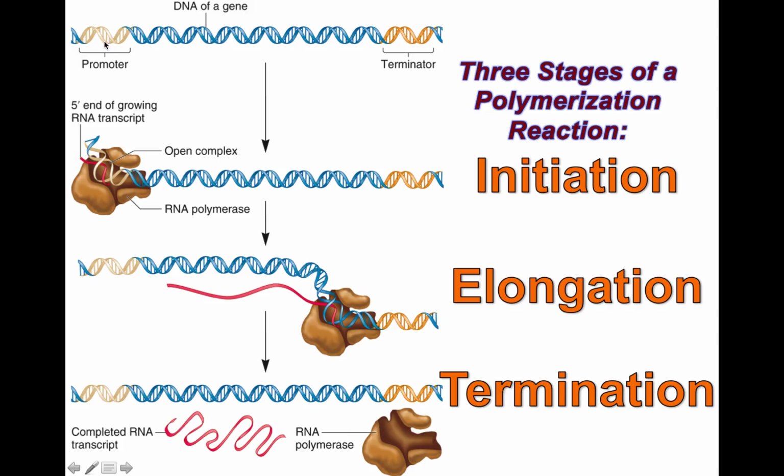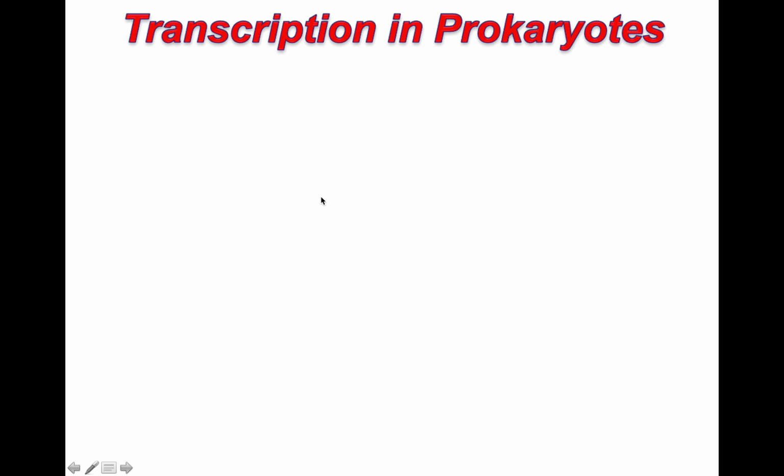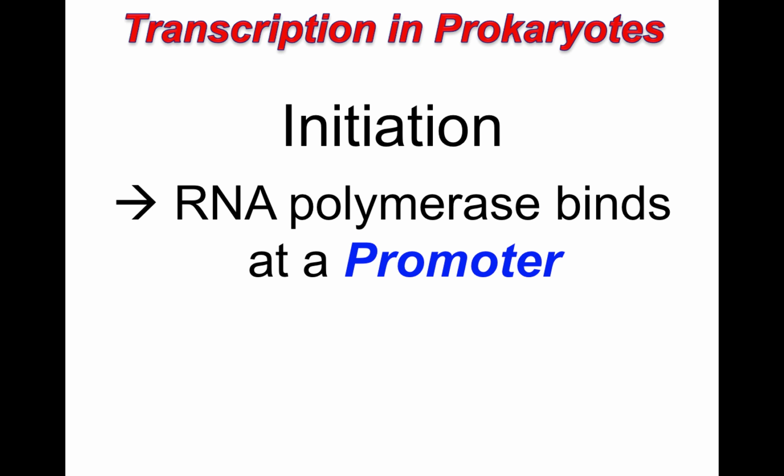Here's our promoter region where RNA polymerase binds, our terminator where RNA polymerase stops its work, and here's RNA polymerase binding right here. We're going to pay attention to the transition from a closed to an open complex. An open complex is an RNA polymerase that is actively transcribing RNA. Initiation: RNA polymerase binds at a promoter.